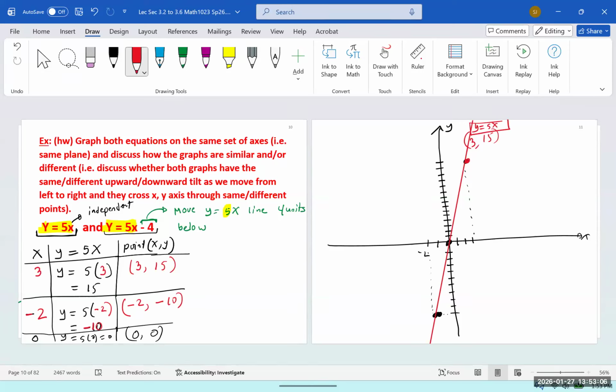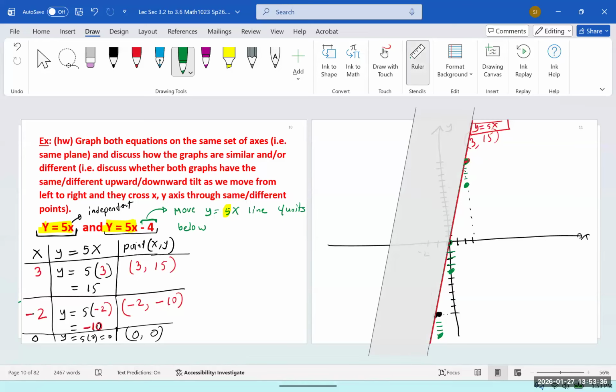Now you can do the same thing for the next one, or all you have to do is drop these 3 points 4 units down. So drop this 1, 2, 3, 4 down here. Drop this 0, 1, 2, 3, 4 here. Drop this point 1, 2, 3, 4 here. Drop all of these 4 units down and then draw your next line.